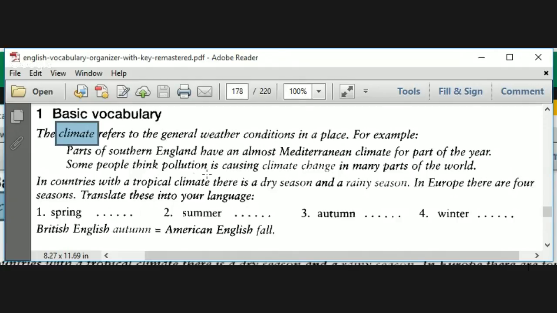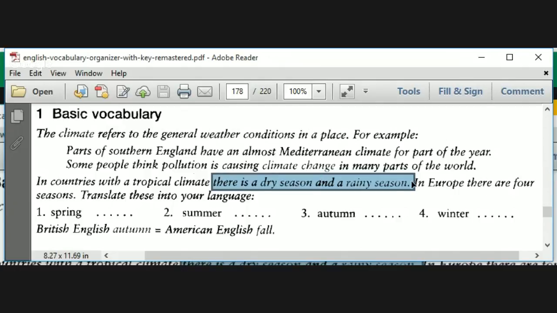Some people think pollution and carbon dioxide is causing climate change in countries and continents all over the world. In a tropical climate, such as where I live currently, I'm currently living in the Philippines, there is a dry season and a rainy season. Hot and dry, hot and wet, and that's about it.